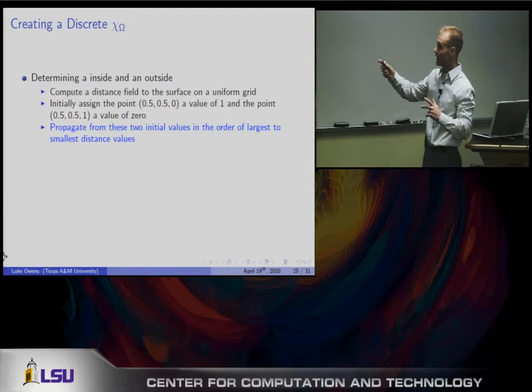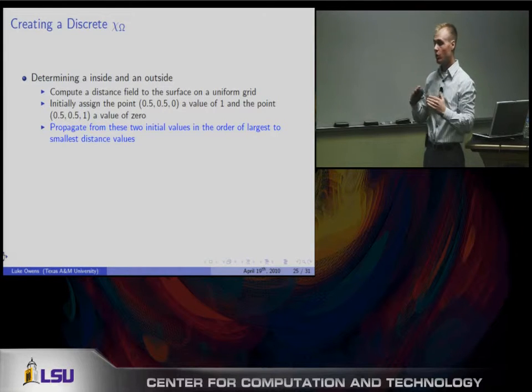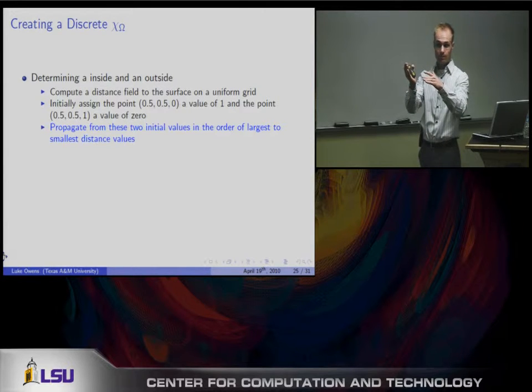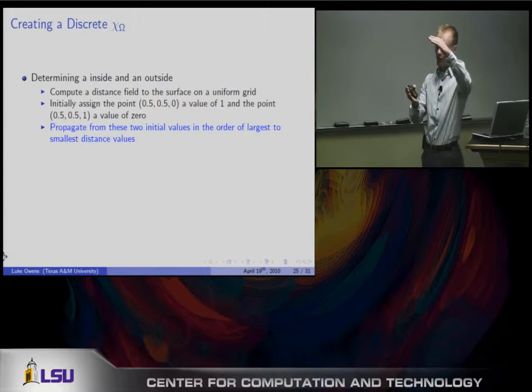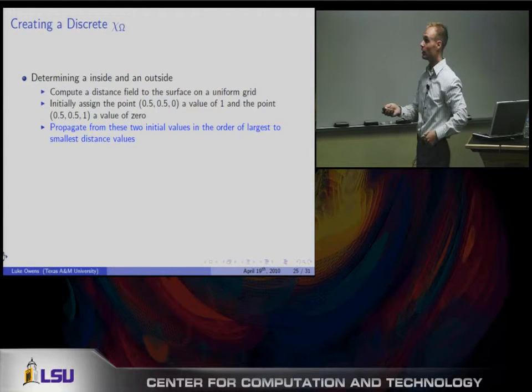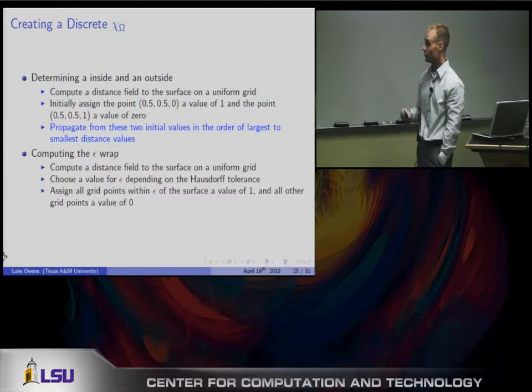But if you propagate in order of the distance, basically you move a little bit up and you move a little bit down, move a little bit up, move a little bit down, what will happen is they should meet the surface at nearly the same time. So even if you get a little bleed through the surface, the fact that the other hit that at around the same time will stop it. Right? So this is very, very important. In our numerical results, often we get this bleed through. So we need this sort of to stop it.